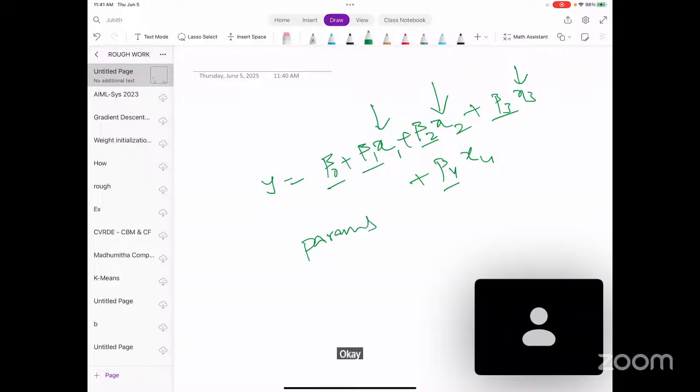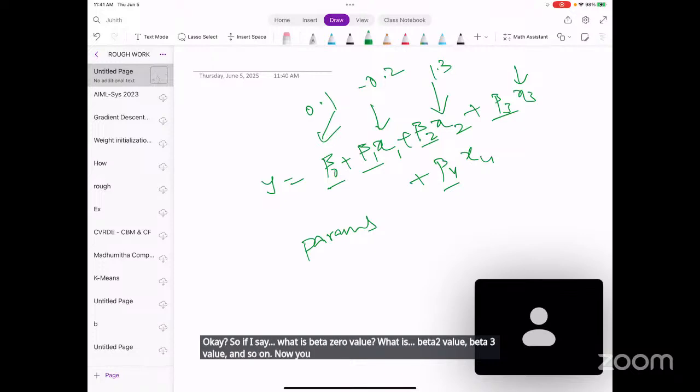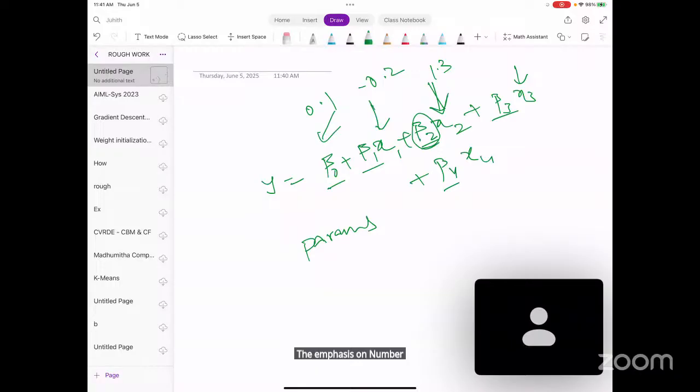If I say what is the beta 0 value, beta 2 value, beta 3 value, and so on, now you understand the emphasis on number of bedrooms, the emphasis on the distance to airport, the emphasis on how many schools are there nearby.